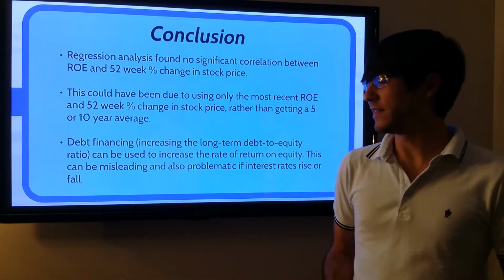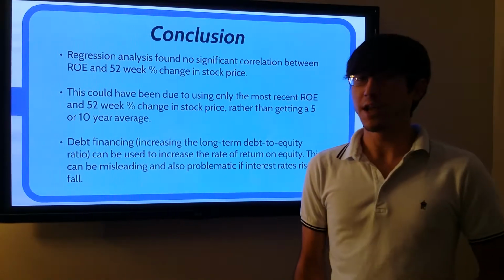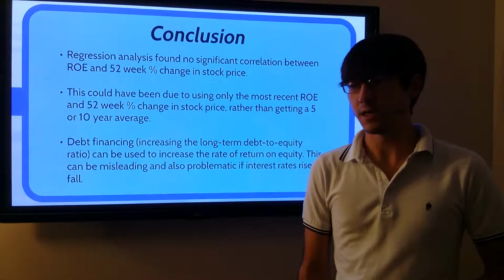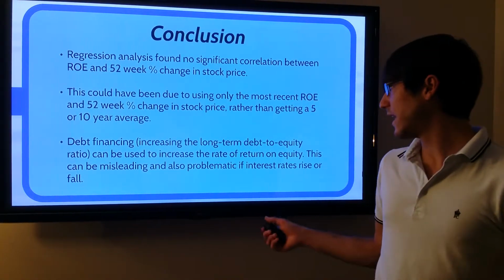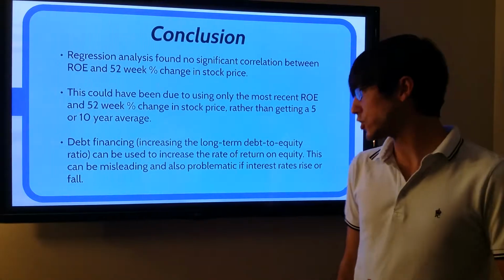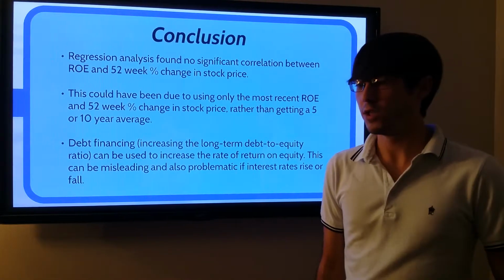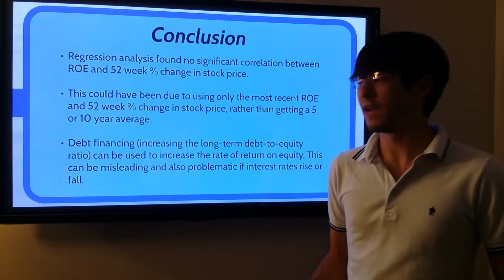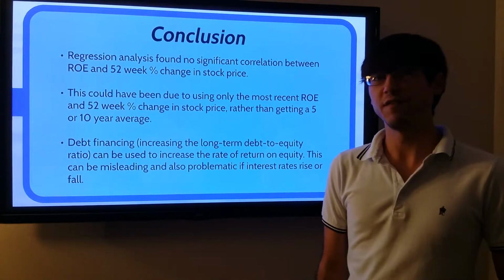Debt financing, which is the increase in long-term debt-to-equity ratio, could be another factor causing some skewness in my data, because that can be misleading since it can increase your return on equity. That could become problematic if interest rates rise or fall, because leverage magnifies gains and magnifies losses, so that could have very well been a factor as well.